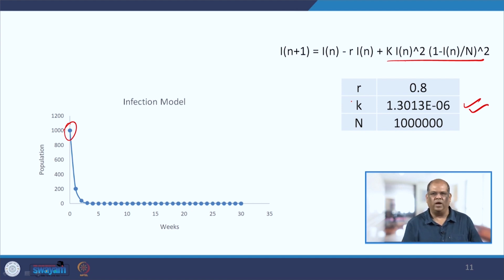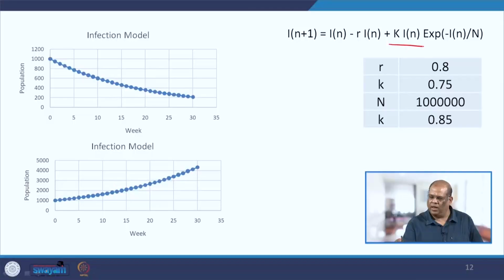So, it depends on the initial condition whether this particular model will be stable or unstable at the point I star equal to 0. But for this value of k, it is stable about this point I star equal to 0. So, it goes to I star equal to 0. With this model and with this rate of recovery, the infectious population will come down to 0. So, everybody will be cured of the disease.